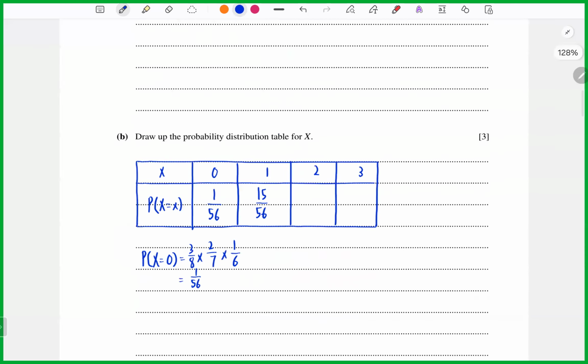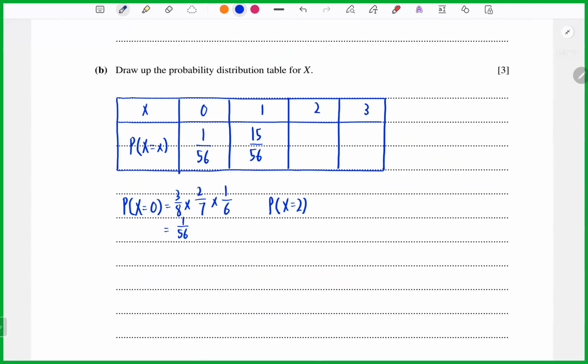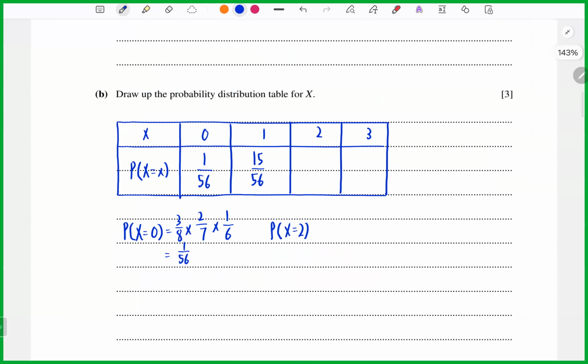And then you see it's number 2, right? So X equals 2. We can try thinking this way: 2 red balls, 1 blue. Red, red, blue, or the first is blue, red, red. So you need to multiply 3 times here.